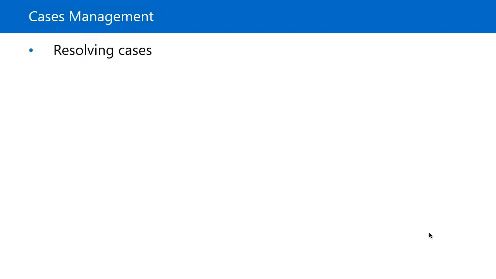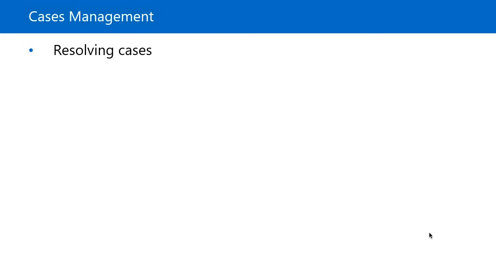First, let's discuss resolving cases. Cases can be resolved in many ways. Sometimes the issue could be resolved without having to do research or use other resources. However, sometimes the customer service agent must perform research on the issue to determine how other agents resolve similar issues by checking the knowledge base. Sometimes the issue may need to be escalated.